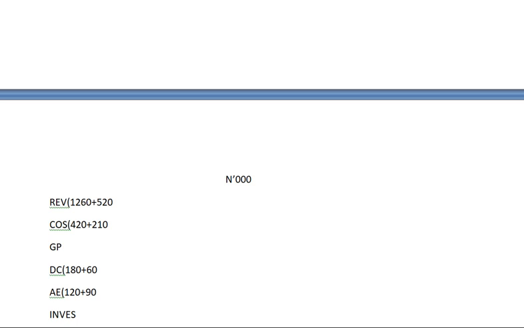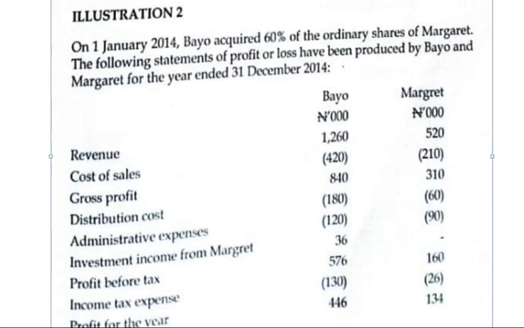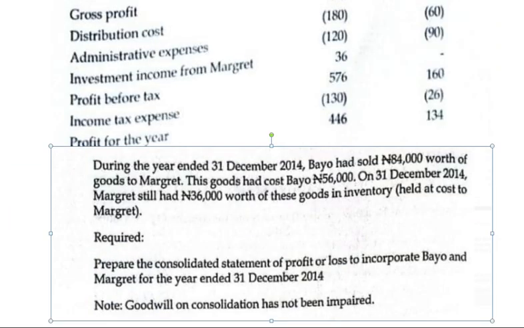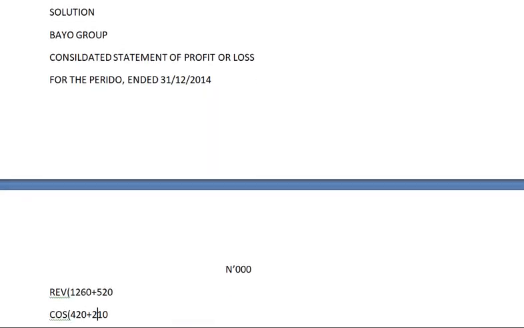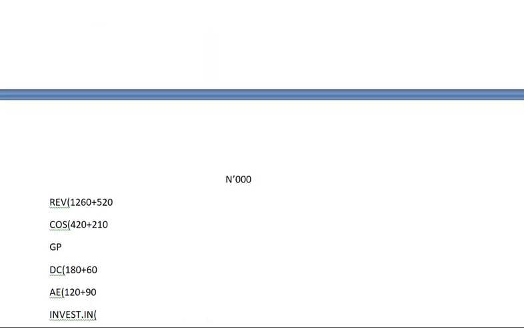Then the next one is investment income. Open bracket again. I told you investment income must be eliminated. That will now be 36 minus 36. This one you can close it.